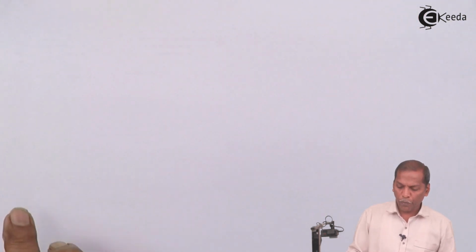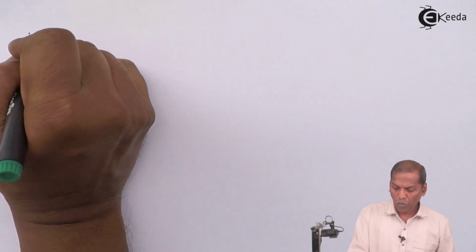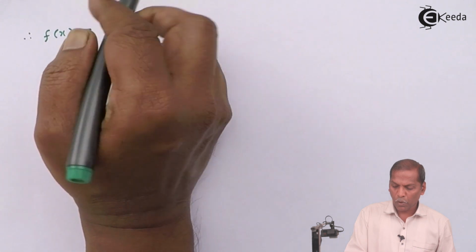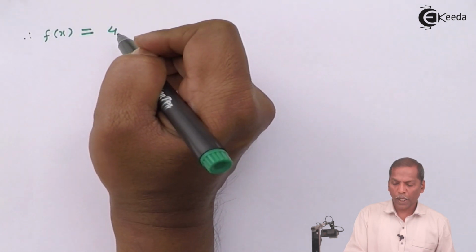So the next step will be f of x is equal to, we write 4 as it is.